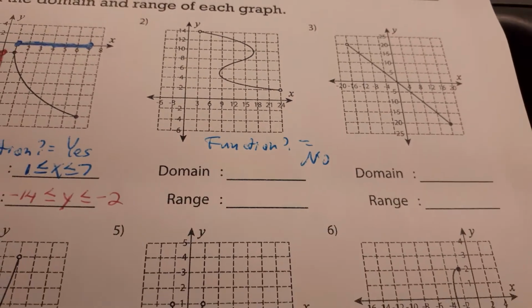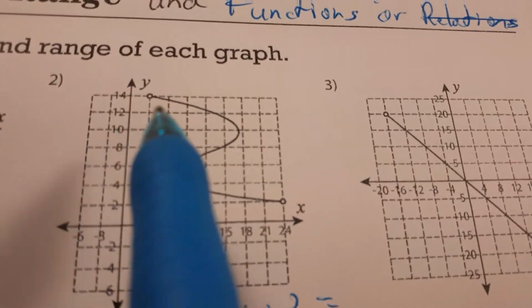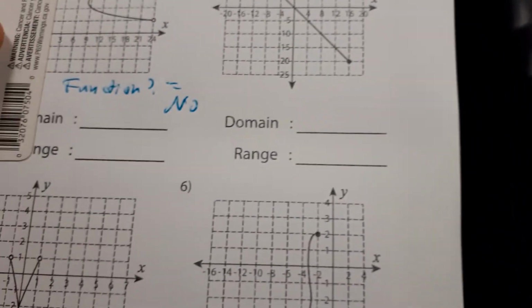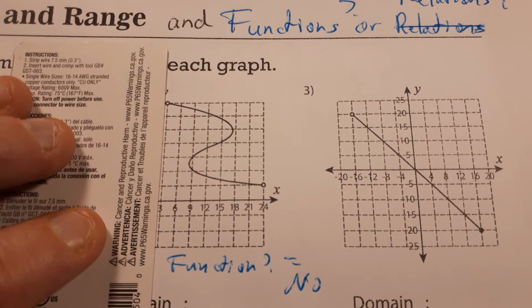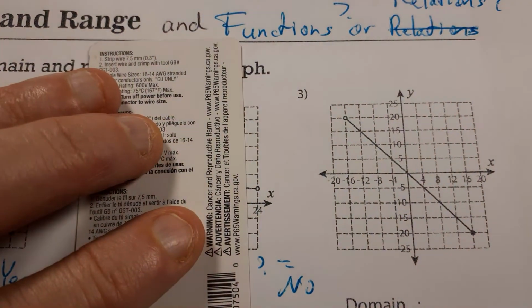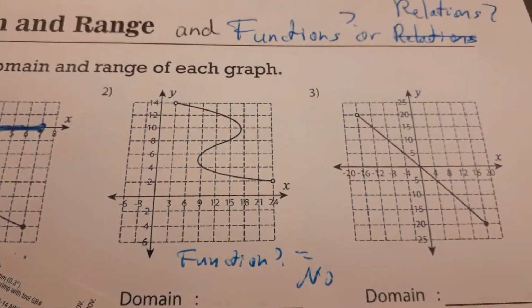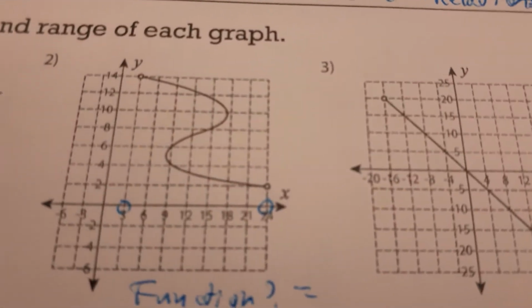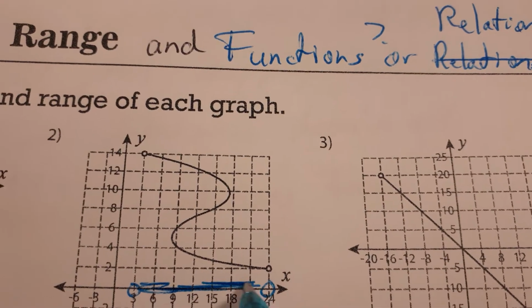But we can still get domain and range off of this. Now, if we'll notice, this circle is open and this circle is open. So as we use our vertical line for the x values, this goes down to 3, and this goes all the way over to 24. So I'm going to put an open circle at 3 and 24 like that. Okay, and I'm going to shade it in.